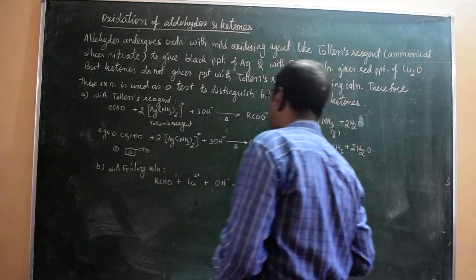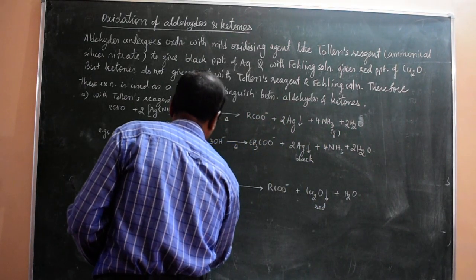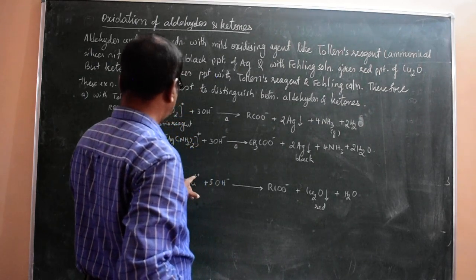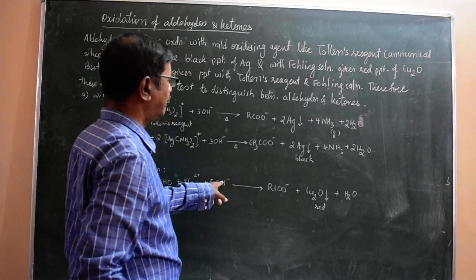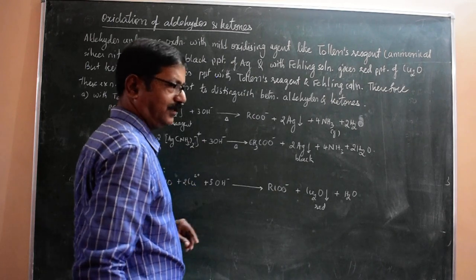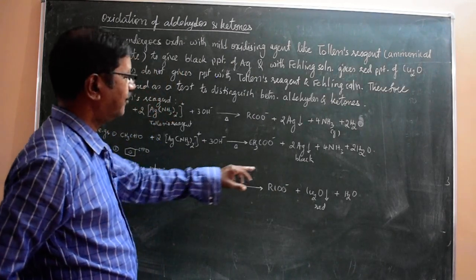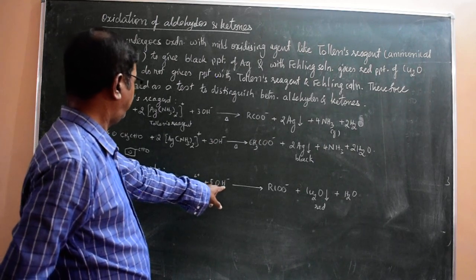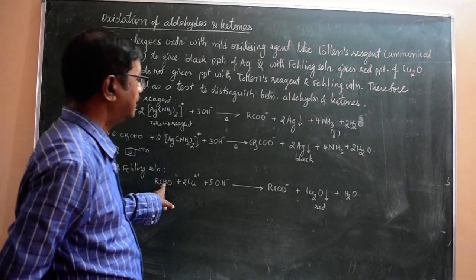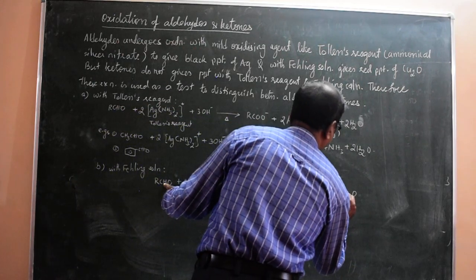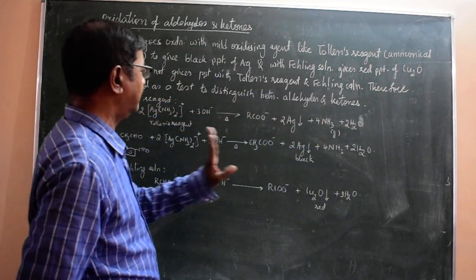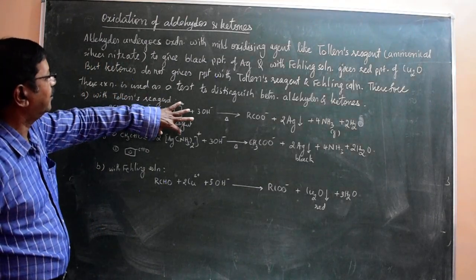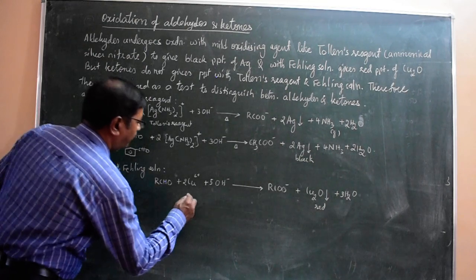In order to balance this one, here you have to write 5 times, this must be 2 times. See the charge, it's 4 minus 1, on this side also minus 1. Charge is balanced. Number of copper is also balanced. Oxygen is here we have 5 and 1, 6. That means we have to write 3H2O. Number of hydrogen are 6. Equation is balanced. So remember, this is Tollens reagent. This one is Fehling's solution.